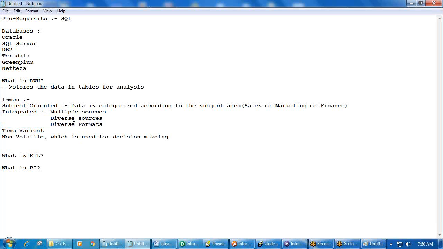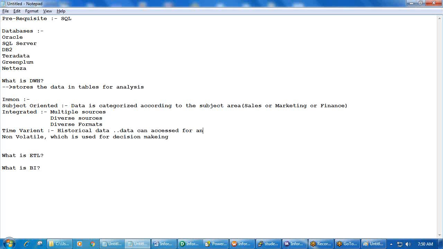Okay. So the next one is about time variant. When we talk about time variant, basically the data warehouse will store the historical data. We understand that it is historical in nature. When you say time variant, data can be accessed for any time period.